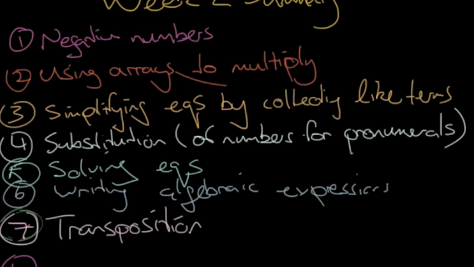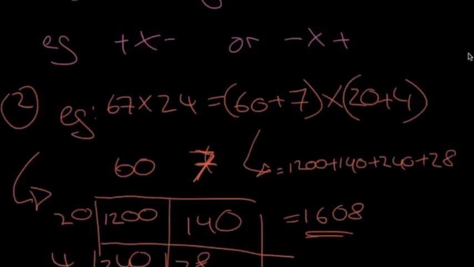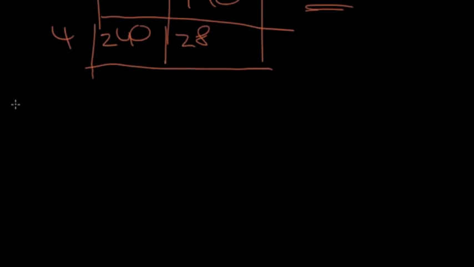So point 3 is simplifying equations by collecting like terms. Let's consider another example. The example in this case could be 2ab squared.